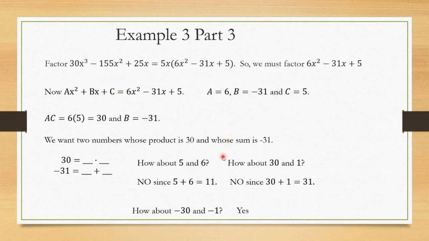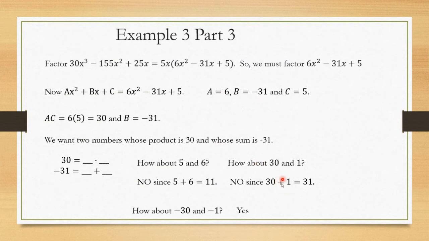Now, based on the other example, you might say, oh, well, 5 and 6 work. Well, no, they don't. The product is 30, but the sum here is 11. So 5 and 6 are not going to work. What about 30 and 1?